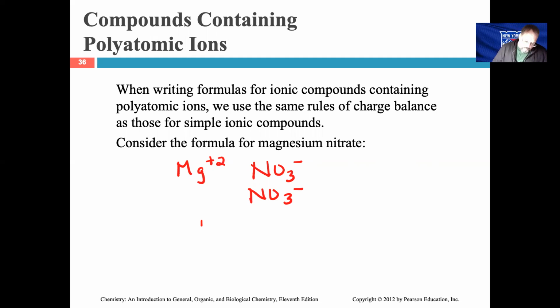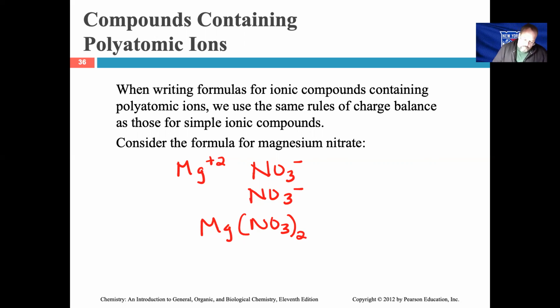Now, when you have more than one of a polyatomic ion, you have to put it in parentheses with the number of it that you have as a subscript outside of the parentheses. So the chemical formula for magnesium nitrate would be Mg(NO3)2. That would be the correct way to write the chemical formula.